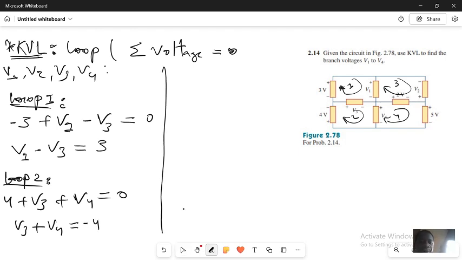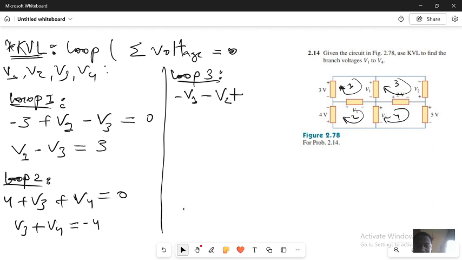Now I come to loop 3. In loop 3, this arrow goes this side. I will have minus V1, because the arrow comes in this first sign in this element, minus V1 minus V2. Here I will have plus 2, because this value will give me the value 2.